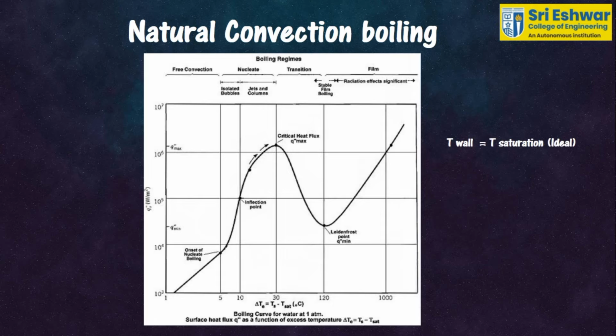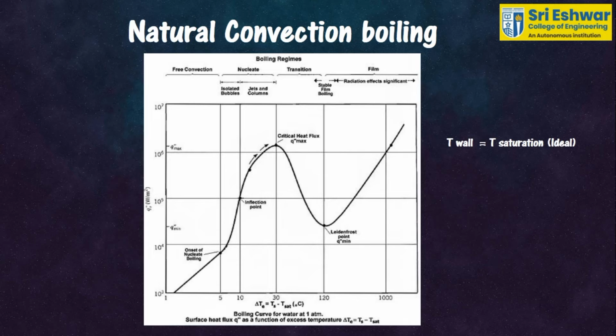Now we are going to see natural convection boiling. In thermodynamics, the requirement of boiling for pure substances to occur is that T wall is equal to T saturation. But in real experiments, boiling does not occur until the liquid is heated a few degrees above the saturation temperature.